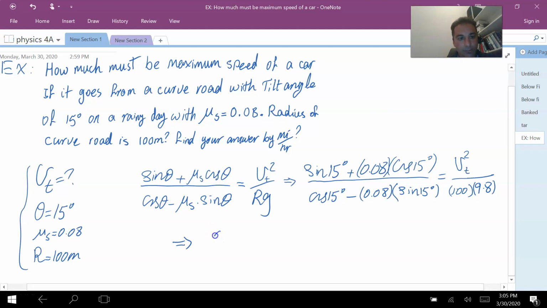So I got 0.355 equal Vt squared divided by 980.